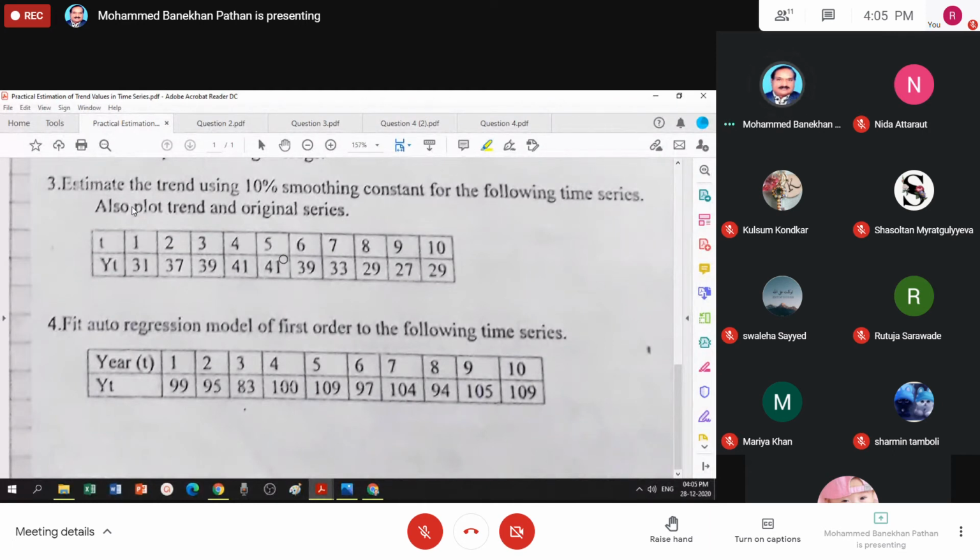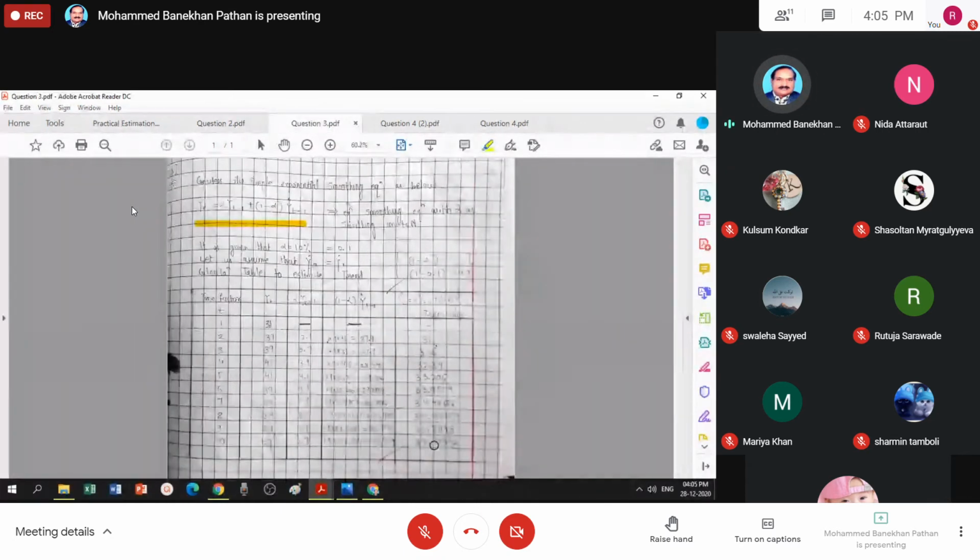After that, x remains the same, that is t. In place of 31, what you get from the table, last column. So these values are taken on the y-axis and plot the trend values and join the trend values by dotted lines. That will be the graph.